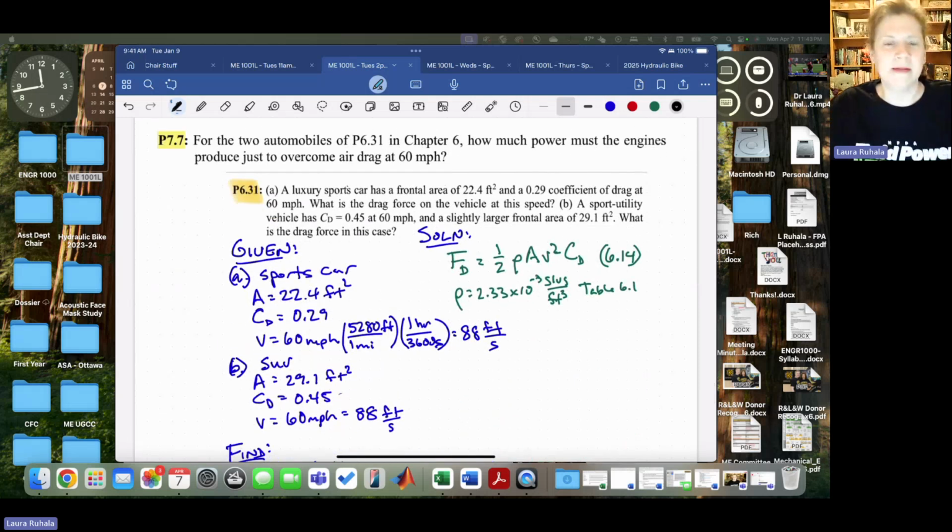Not as much fun, but it's still kind of interesting. If you recall, in the last lecture we covered, or we should have covered, problem 6.31. For the 2 cars in chapter 6, problem 6.31, how much power must the engines produce just to overcome the air drag at 60 miles an hour? I have a screenshot here of what we did last time.